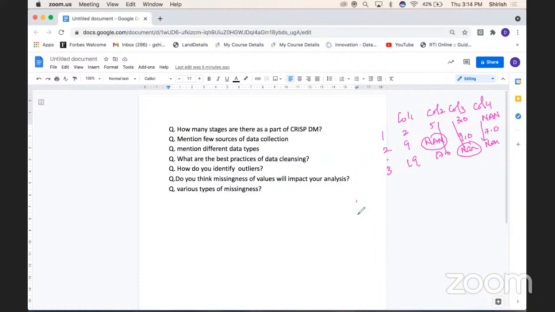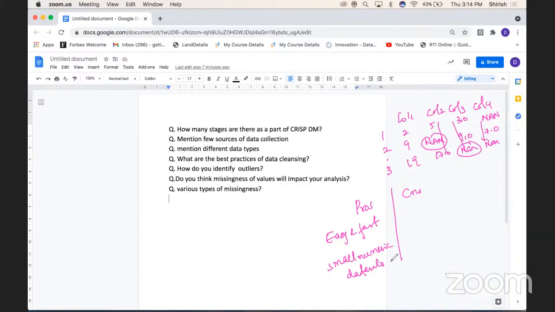If you talk about the pros and cons of median and mean imputation, first, it is easy and fast. It works very well for small numeric data sets.